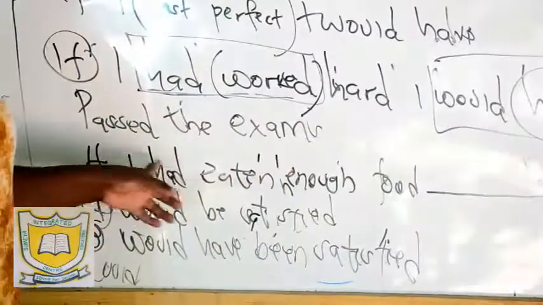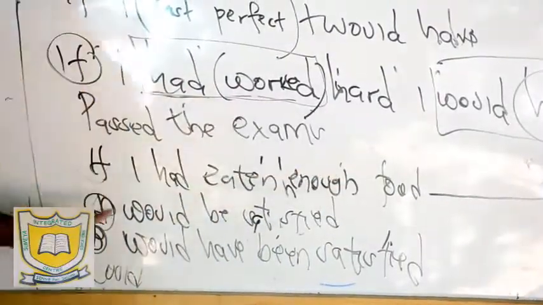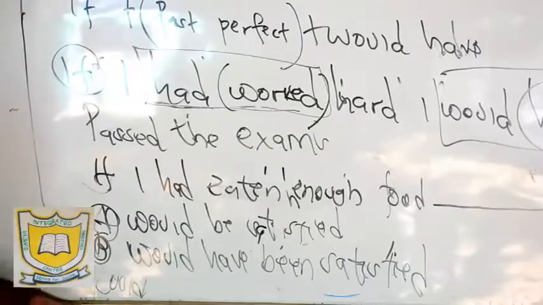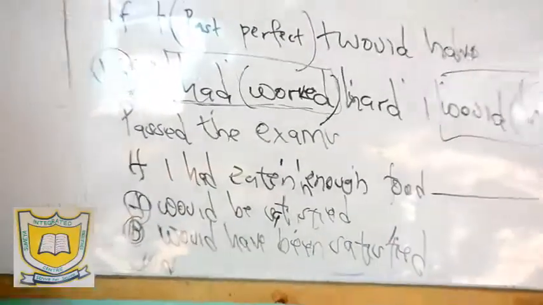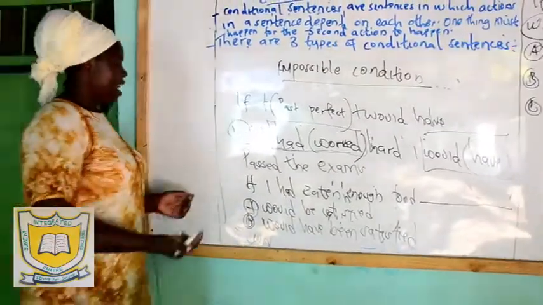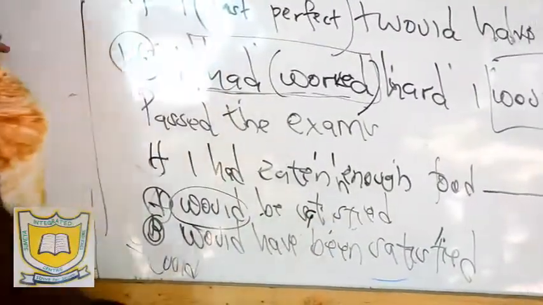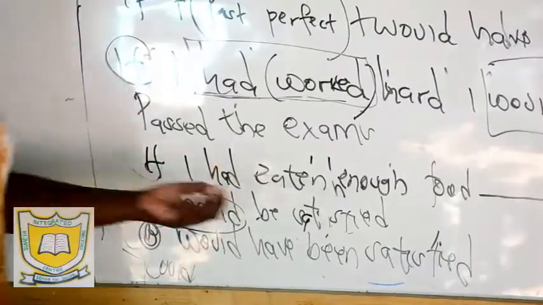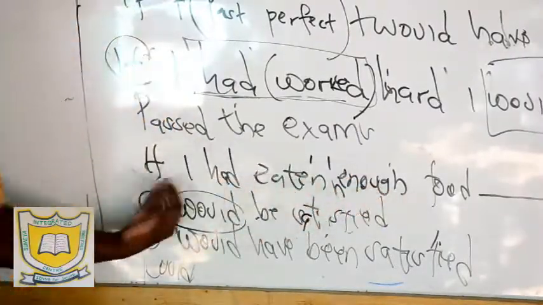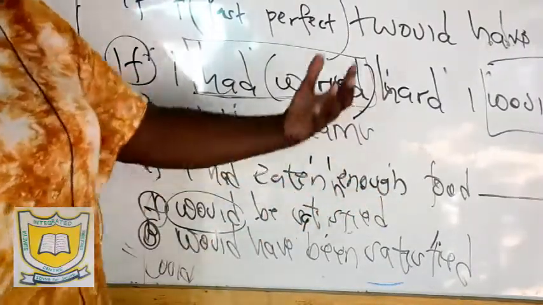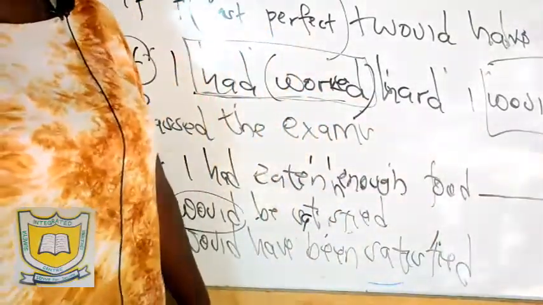Now you say, if I had eaten enough food, A would be satisfied, B would have been satisfied. What's the correct answer? If you give would be satisfied, what does that make you? You are having the improbable condition, the impossible condition on one side, and the improbable condition on the other side.